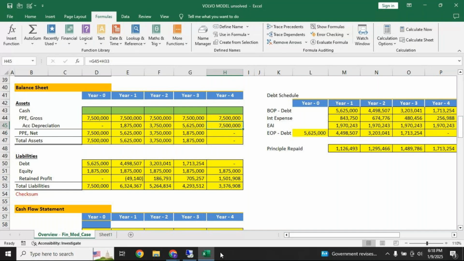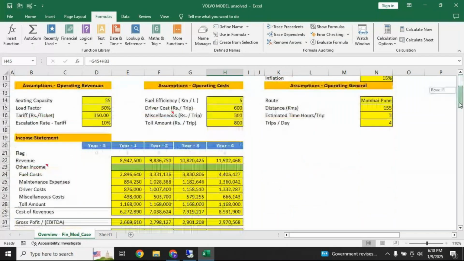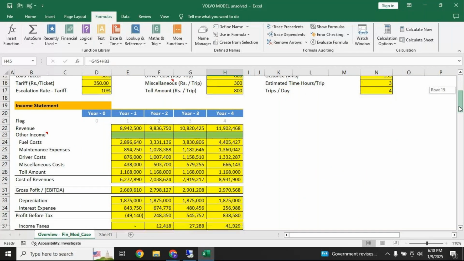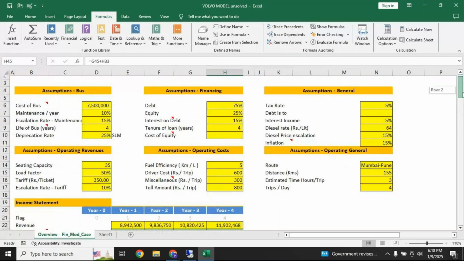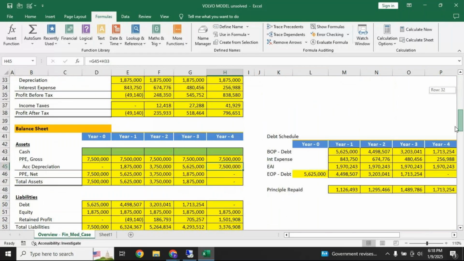The cost of the bus is 75 lakh rupees, and these are the things. That is why we have put the line items over here. Based on this information, we are going to evaluate. Randomly, we are not going to take any values. Clear?